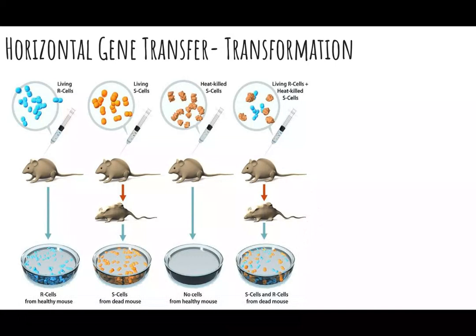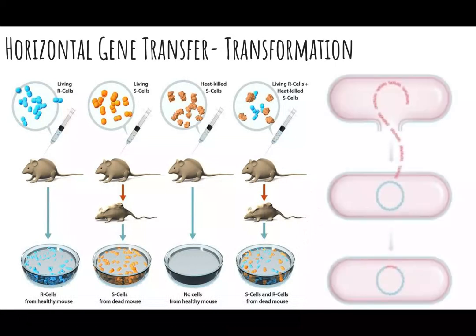What he concluded happened was that the heat-killed smooth cells were able to transform the rough cells into smooth cells. He didn't know what the transformative principle, as he called it, was. We now know that that transformative principle is DNA.